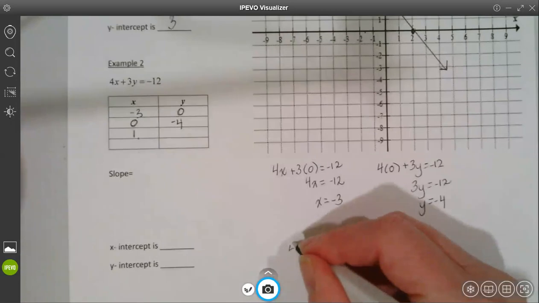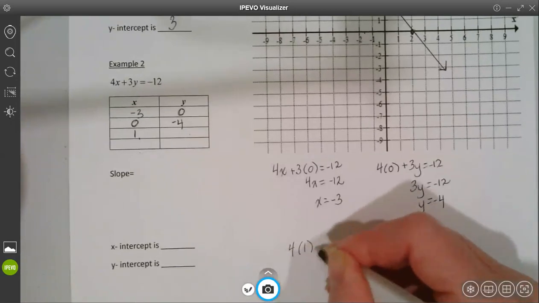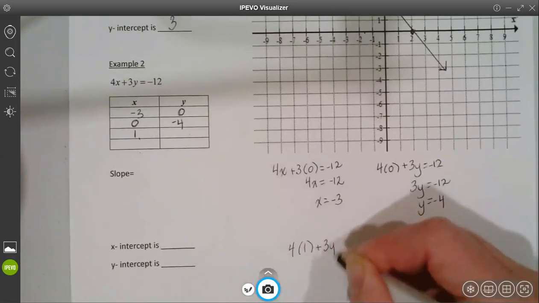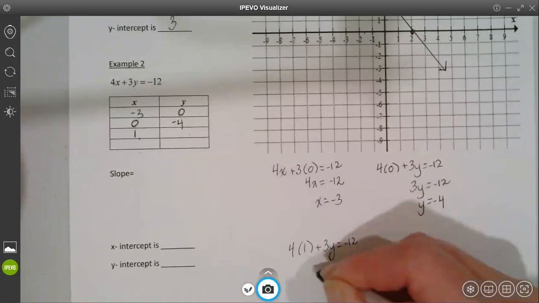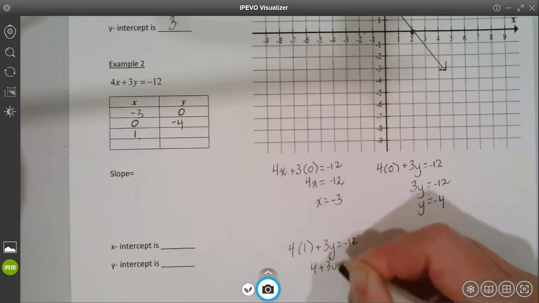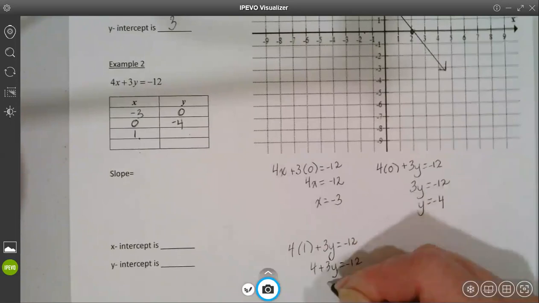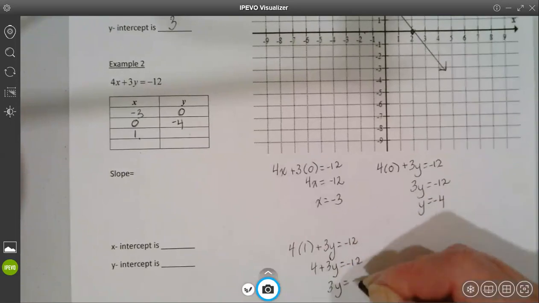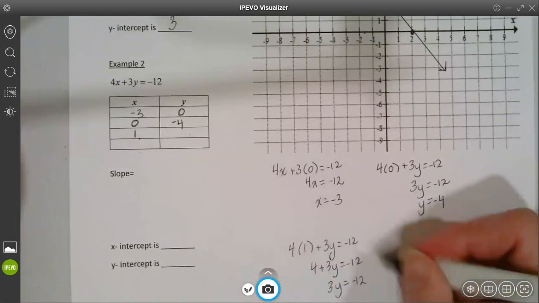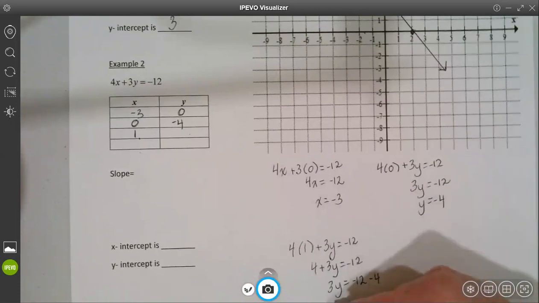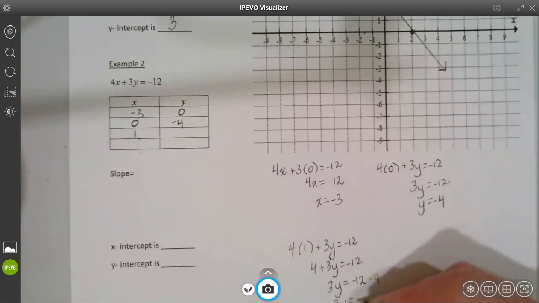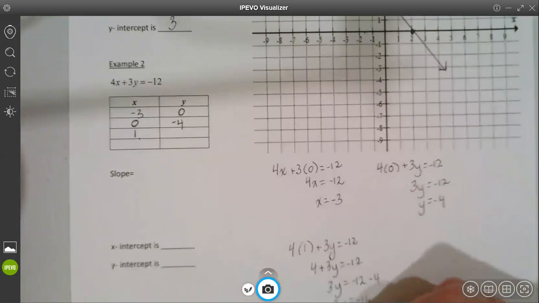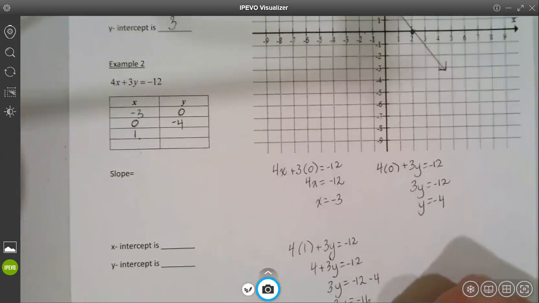So I'm going to replace x with 1 into the equation and clean up and isolate for y. So we're going to transpose the +4 to the opposite side, gather like terms. So y is equal to -16 over 3.